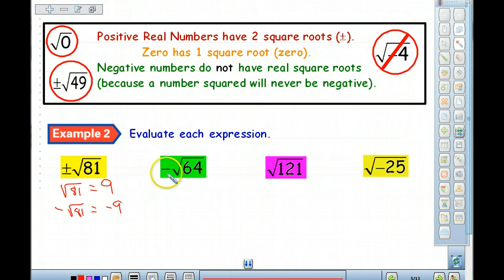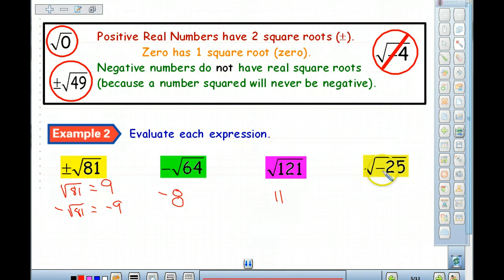Whereas in this case, we've got a negative out front, so they really just want the negative square root. I bring down my negative, and 8 is what I get there. If it doesn't have anything out front, then that number is just going to be positive, and the positive square root of 121 is going to be 11.